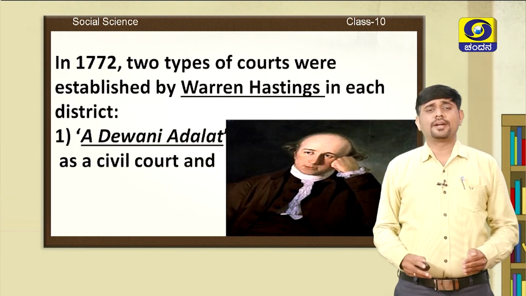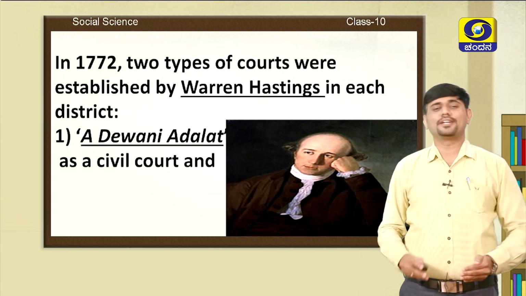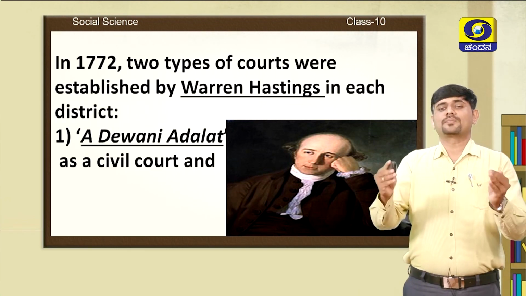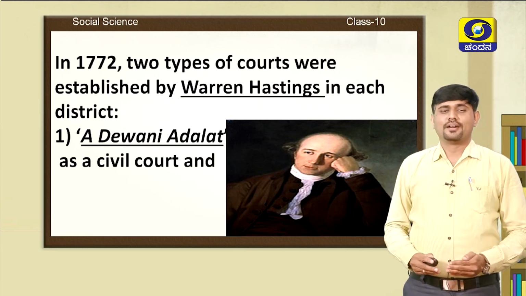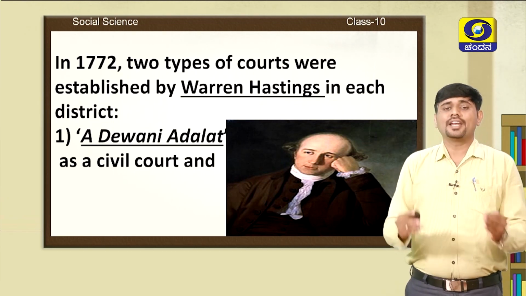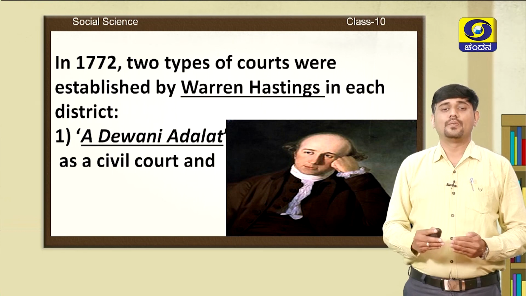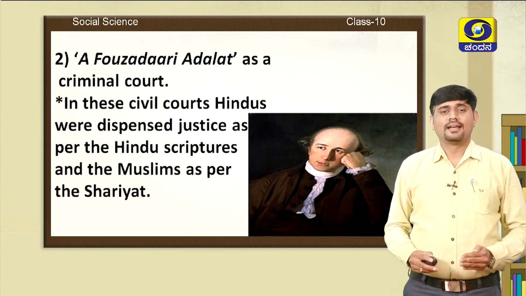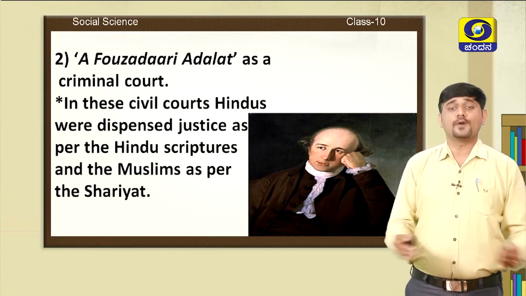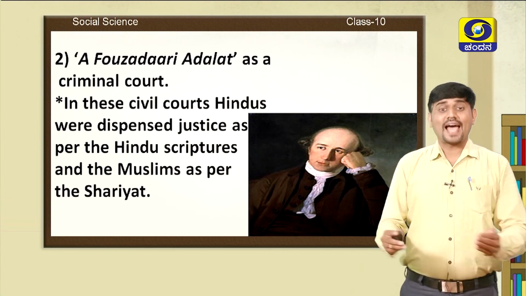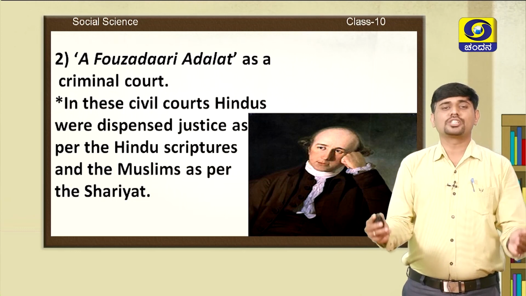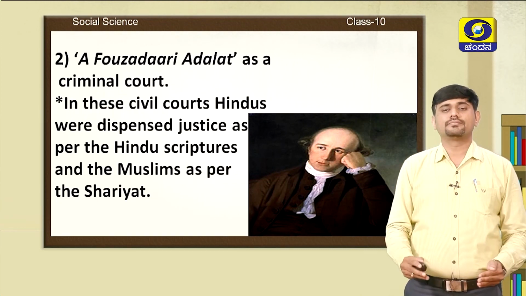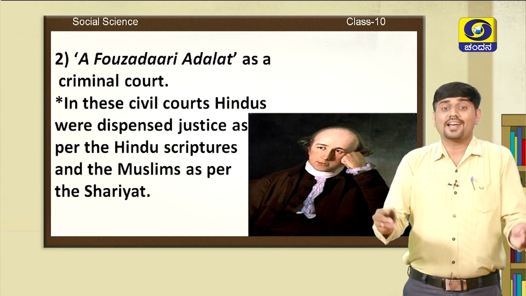Following that development, in the year 1772, two types of courts were established by Warren Hastings in each district. One court is called a Diwani Adalat, which is also called a civil court. The other court is a Fauzdari Adalat, a criminal court. These two types of courts were introduced at the district level by Warren Hastings.